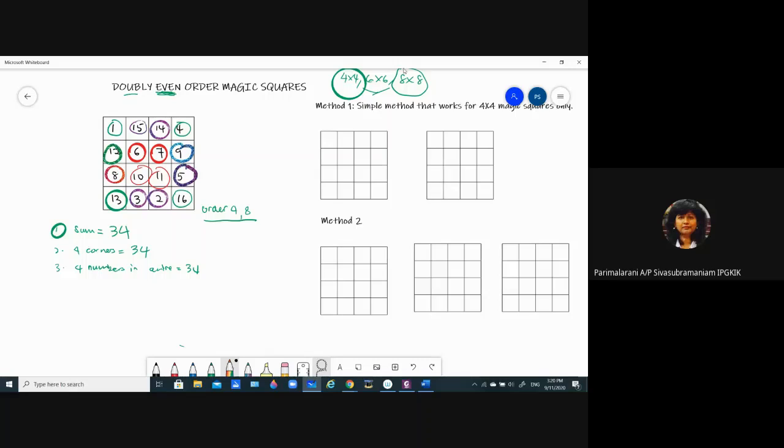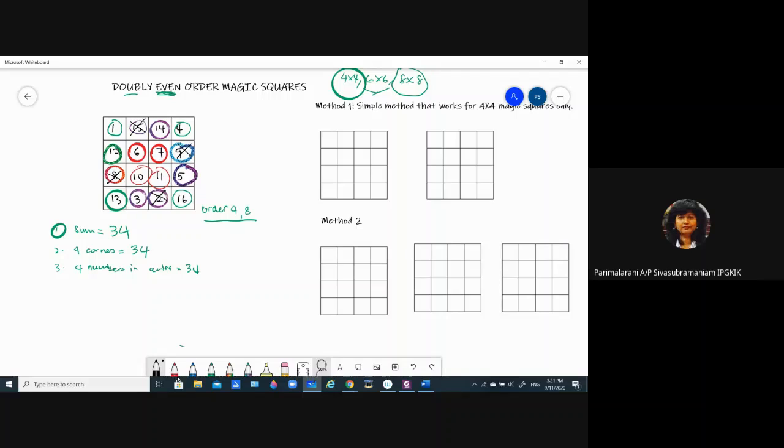These 4 numbers also give 34. And one last pattern: take the first number after each corner. After this corner the first number is 15, after this corner is 9, after this corner is 2, after this corner is 8. If you add all these numbers, you also get 34. These are some of the patterns that you will see in a doubly even order magic square.